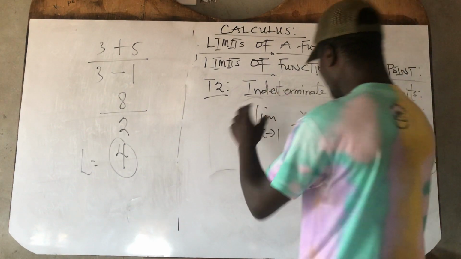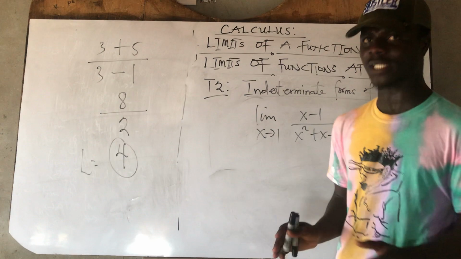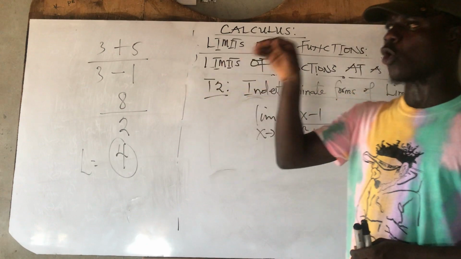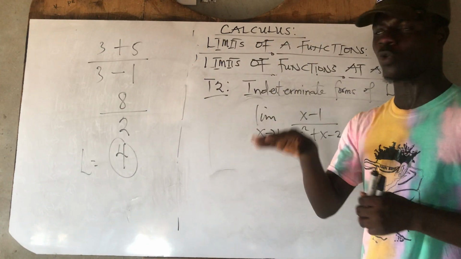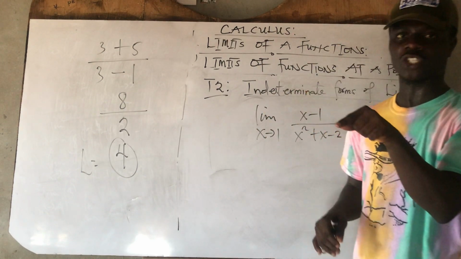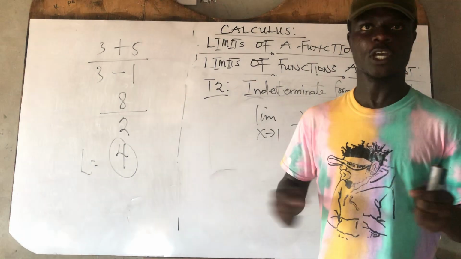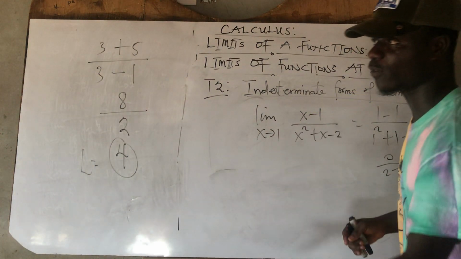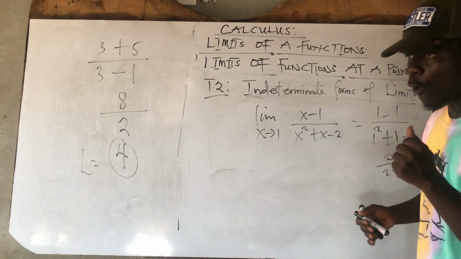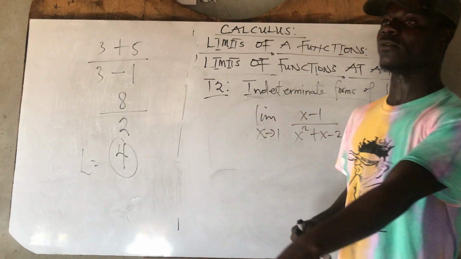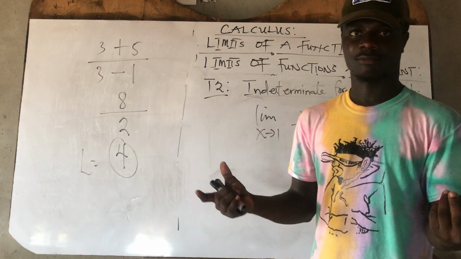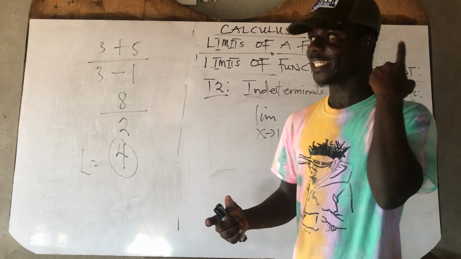When they give you a question and tell you to find the limit as x approaches a certain point, my friend, take your time. Don't just plug in the point inside the function, but do further checks on whether you can simplify or not. If you can simplify, do it before you plug in the x value. But if you know that you cannot simplify the function, then you can go straight and plug in the x value.